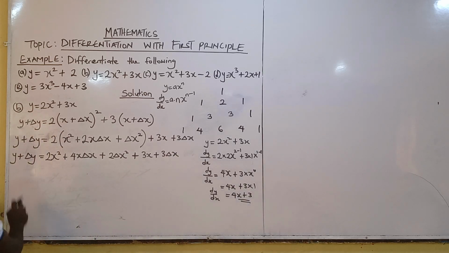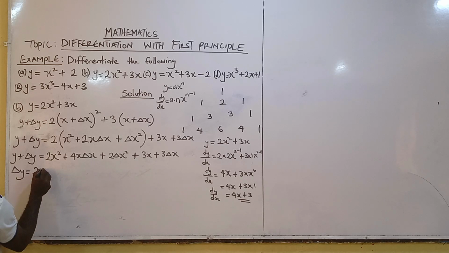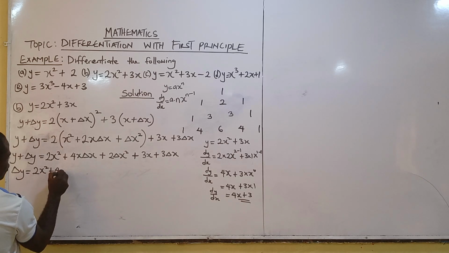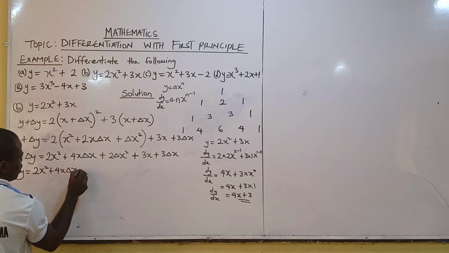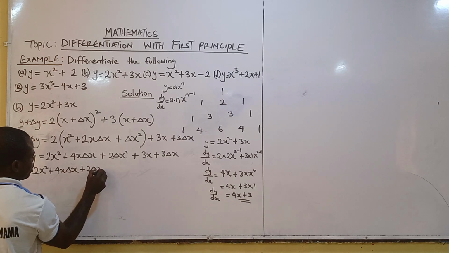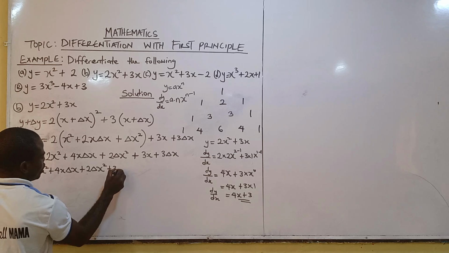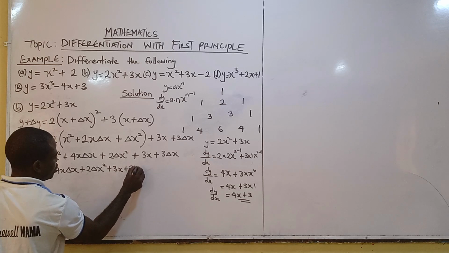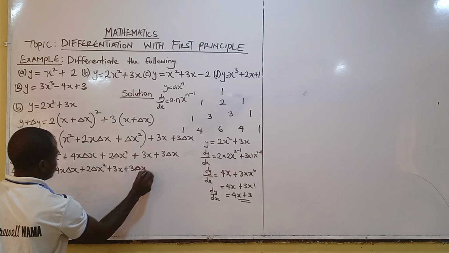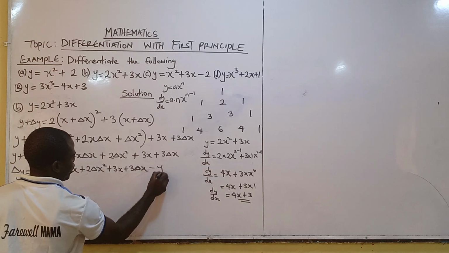Now, what we need to do is to take y to the other side. Positive y turns to negative y. dy equals 2x squared plus 4x dx plus 2 dx squared plus 3x plus 3 dx minus y.